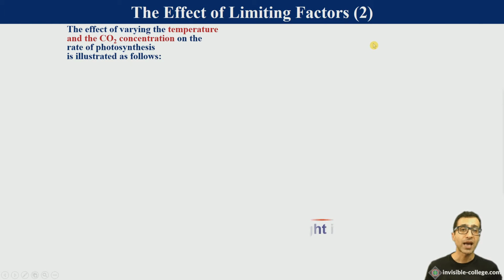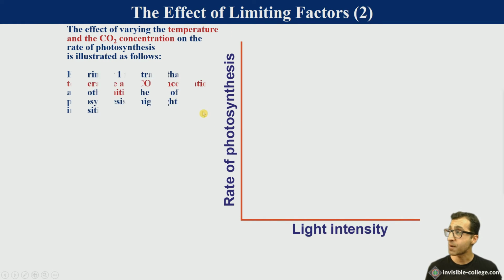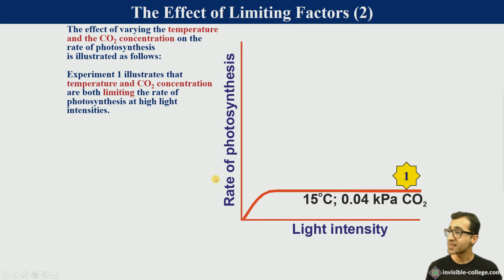So let's have a look at what happens when we vary the temperature and the carbon dioxide concentrations on the rate of photosynthesis. Now this is illustrated on the same graph where we are again changing the light intensity and looking at the effect of light intensity on the rate of photosynthesis. So experiment 1 illustrates that temperature and carbon dioxide concentration become a limiting factor at higher light intensities than this level here.